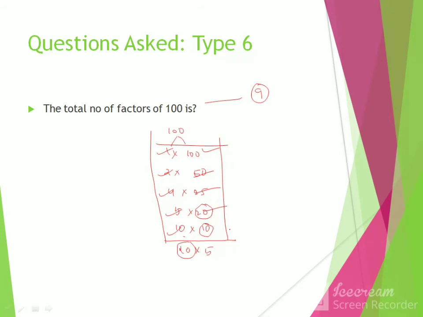Again, I'm repeating, the thumb rule is that simply when the factors start repeating, this 20 has started repeating over here, then we can stop and count as required.